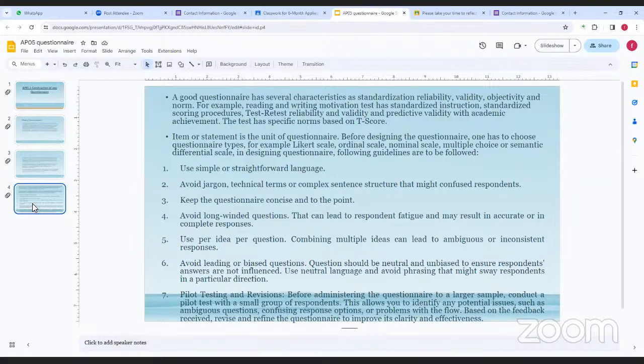Number three, keep the questionnaire concise and to the point. Number four, avoid long-winded questions that can lead to respondent fatigue and may result in inaccurate or incomplete responses.